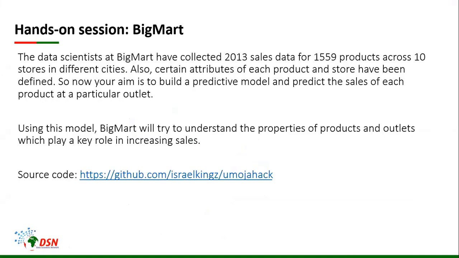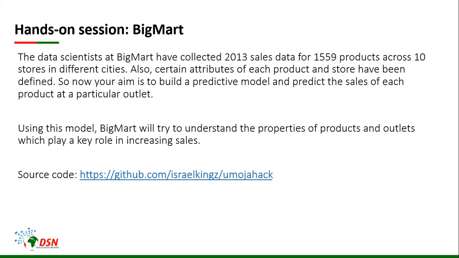Also, certain attributes of each product and store have been defined. So now your aim is to build a predictive model that predicts the sales of each product at a particular outlet.